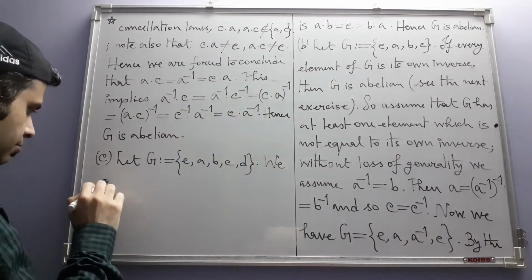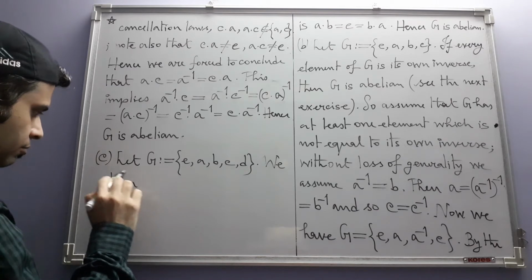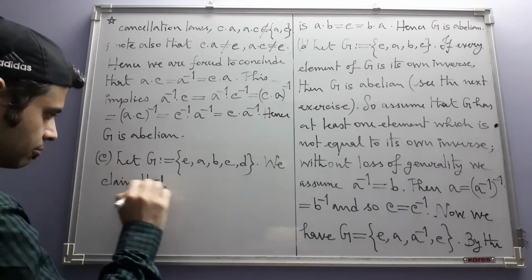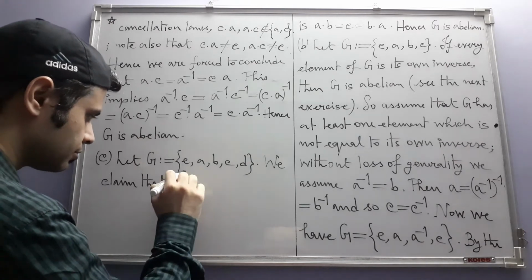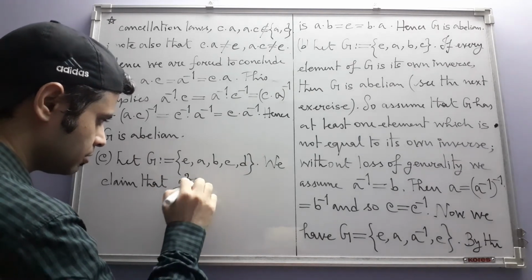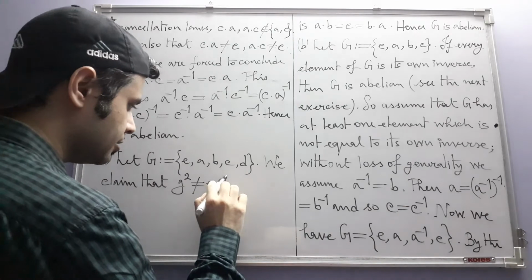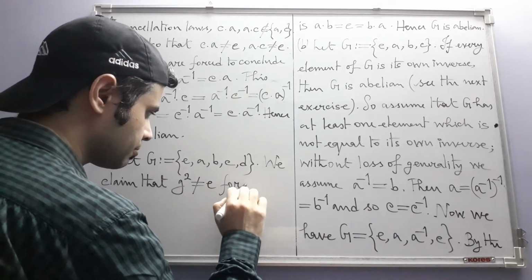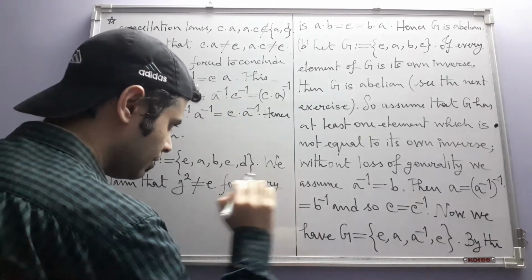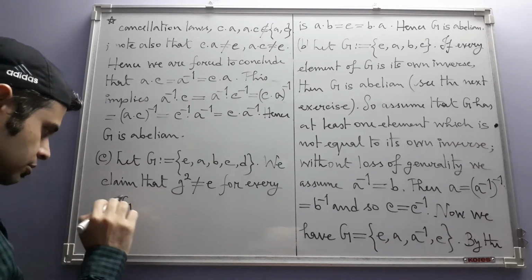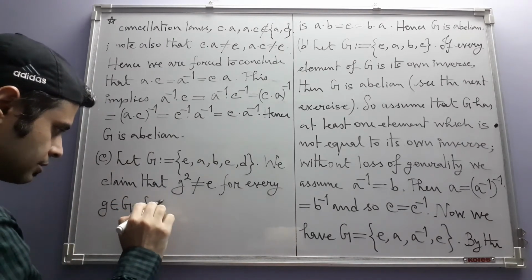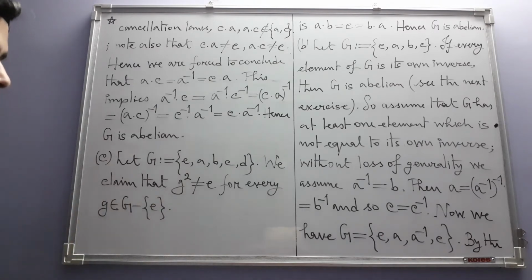We claim that G square is not equal to the identity for every element G in G minus the identity element.